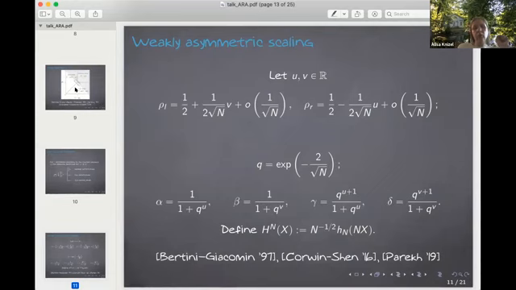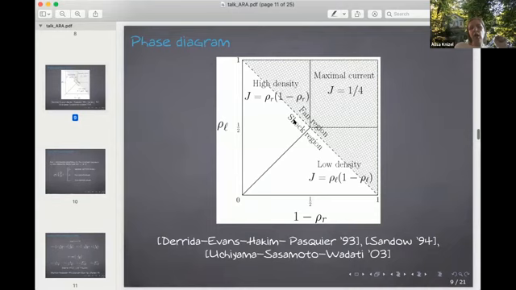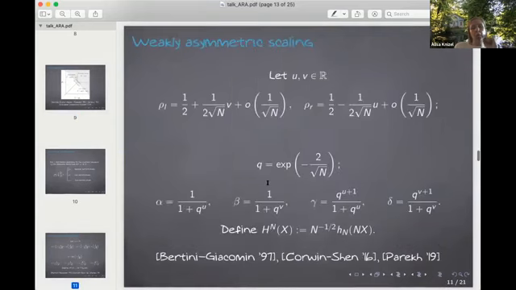So if we go back to the phase diagram, this scaling corresponds to zooming into this triple point on this diagram with respect to the following rate. The second term here for ρl and ρr is 1/2 square root of n times v and u, depending on whether we are on the left or right.